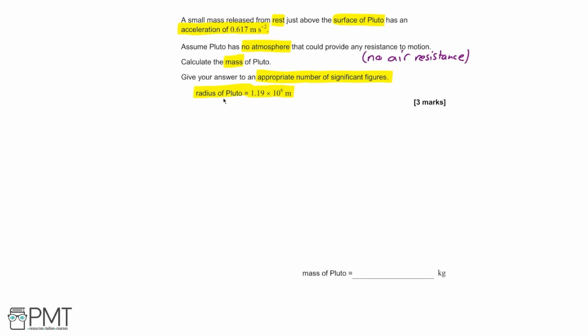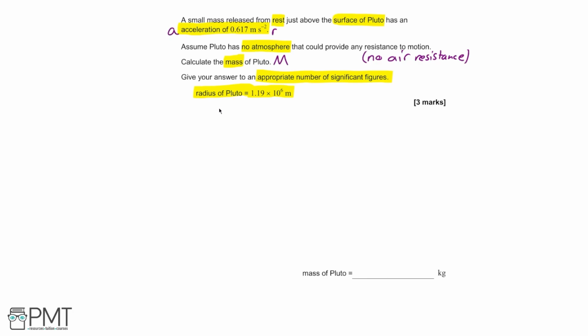In order to do this question, we're looking for an equation which has the distance between the object and the center of Pluto. So we're looking for an equation that has r. We're looking for an equation that has the mass of Pluto, which would be big M in this situation. And we're looking for an equation which has an acceleration in it, a.